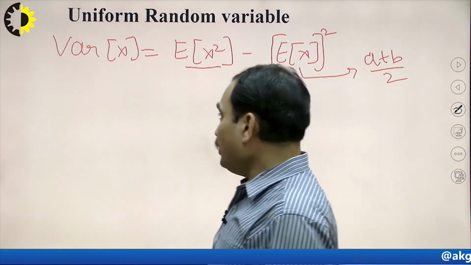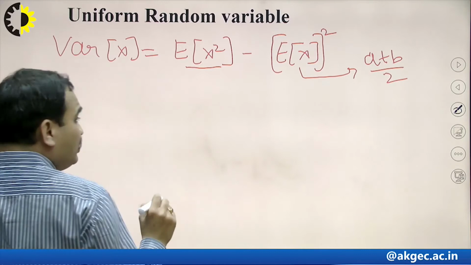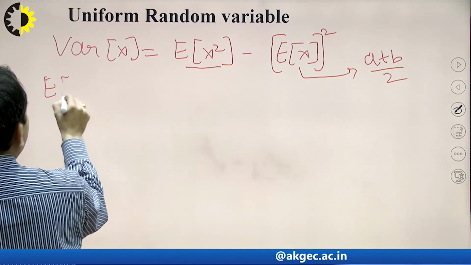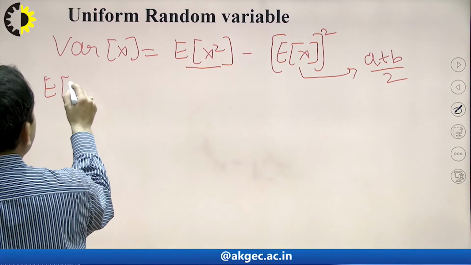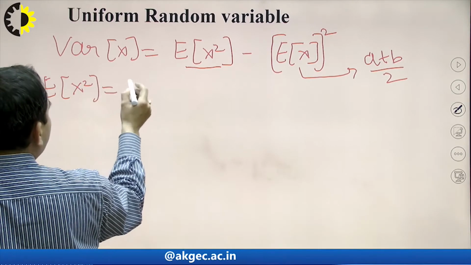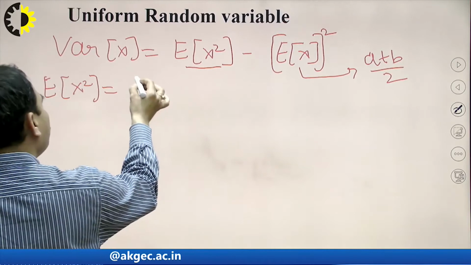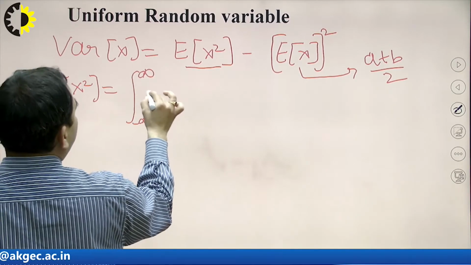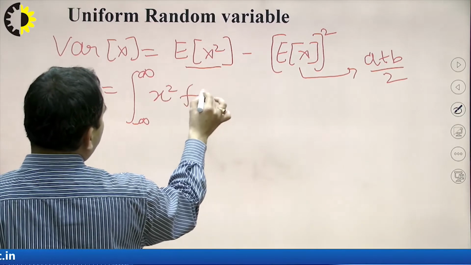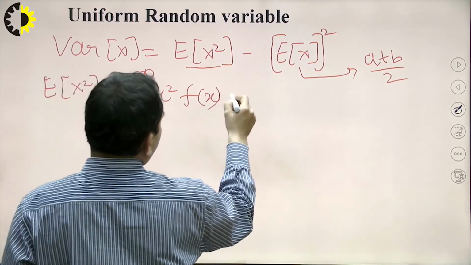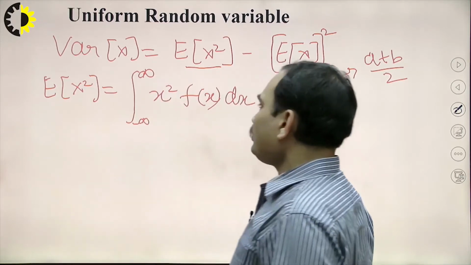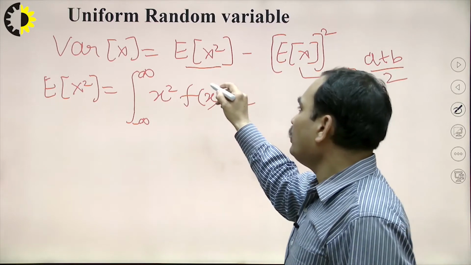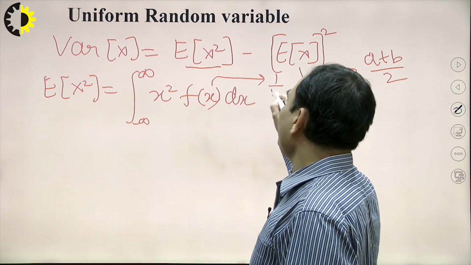Now, the expected value of x square for a continuous random variable x can be written as: expectation of x square is equal to, since it is continuous, the integration from minus infinity to infinity of x square times the PDF, dx. But the PDF of the uniform random variable, we know, is nothing but 1 upon b minus a.